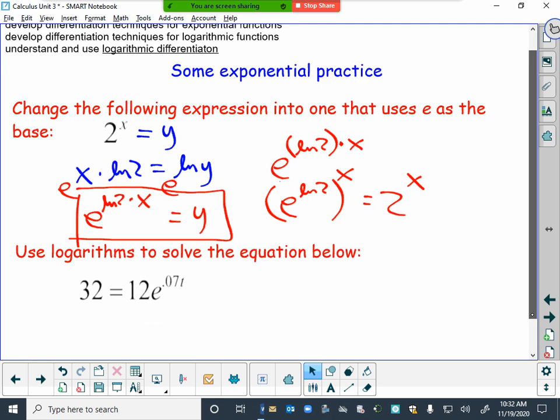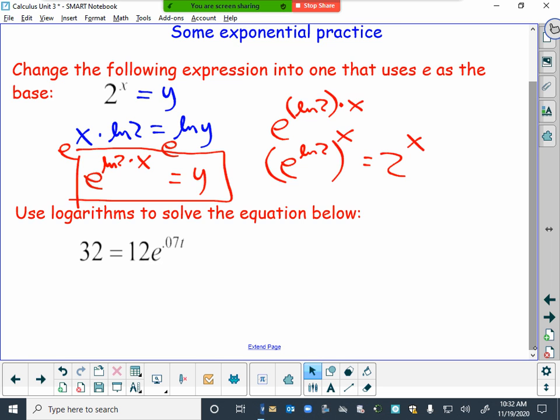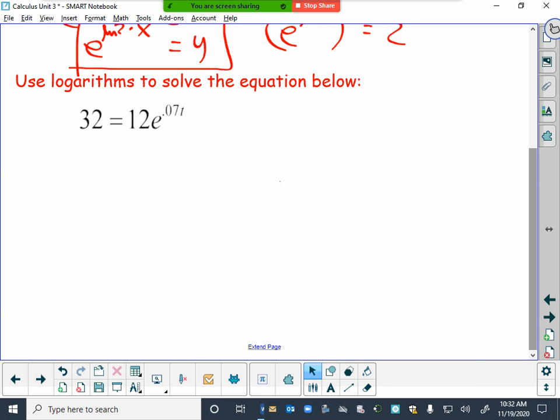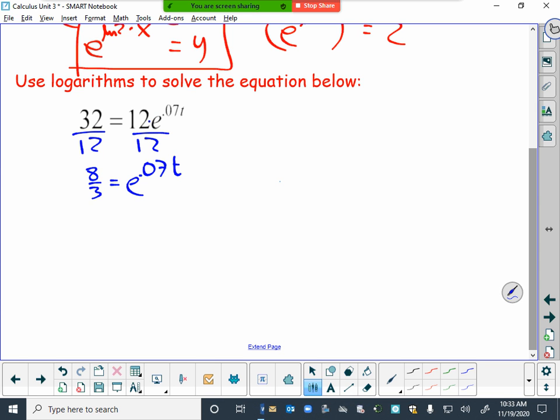A reminder again here of how to solve logarithmic or exponential equations. The important first step is that you can't apply the logarithm until you've exposed the base. So the first step in this process has to be to get rid of this 12. If you don't get rid of the 12 first, this is 8/3 equals e to the 0.07t.